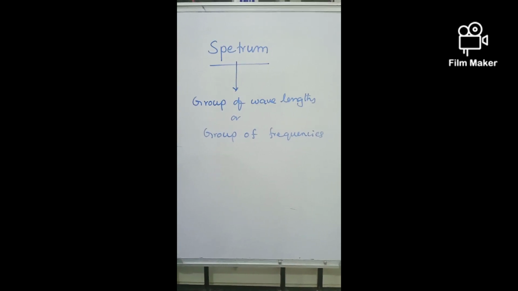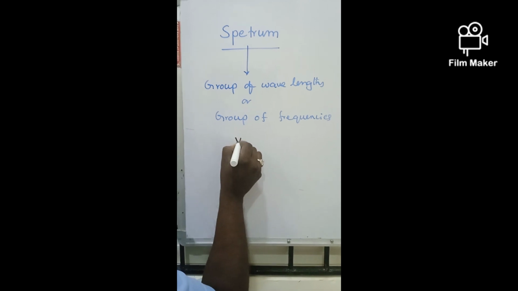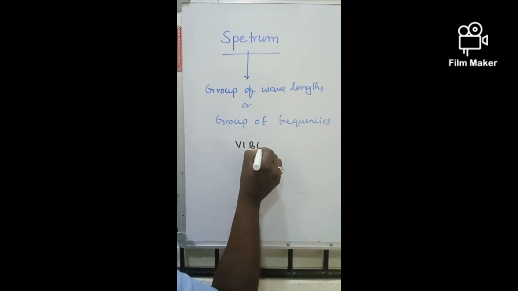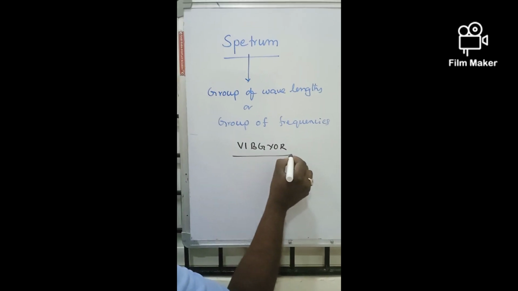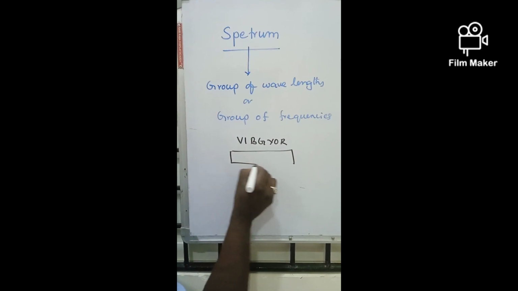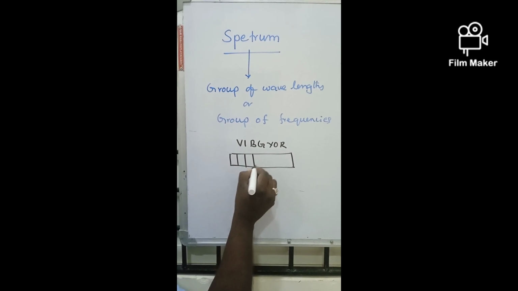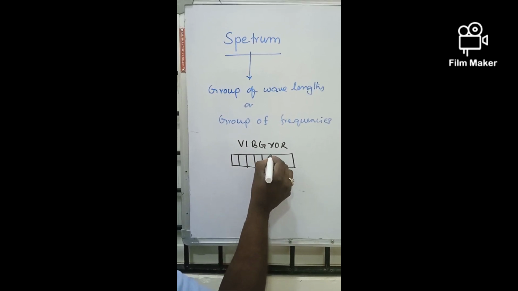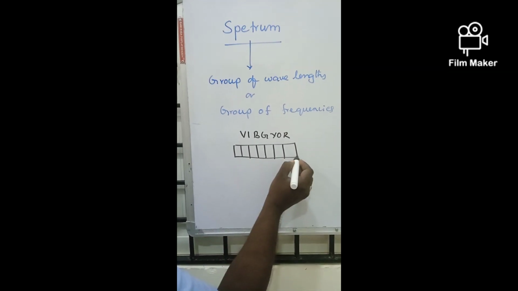Let's start with a simple example, that is VIBGYOR: violet, indigo, blue, green, yellow, orange, red. This contains 7 colors, so total 7 colors.